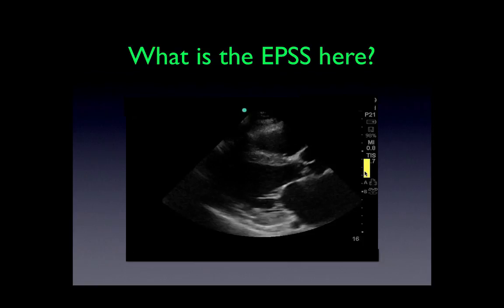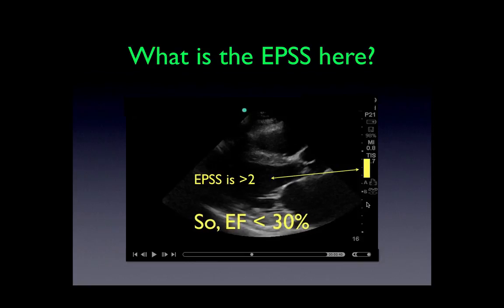So this yellow bar is showing a 2 centimeter separation. In other words, if this separation between the anterior leaflet and the septum is greater than this, the ejection fraction is less than 30%. The EPSS is definitely greater than 2. Therefore, the ejection fraction is definitely less than 30%.